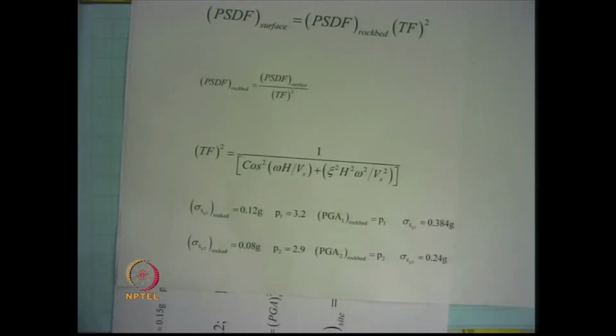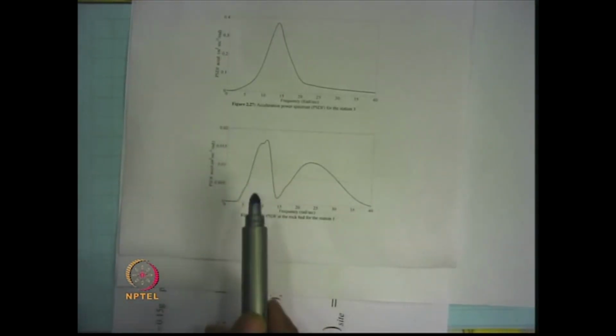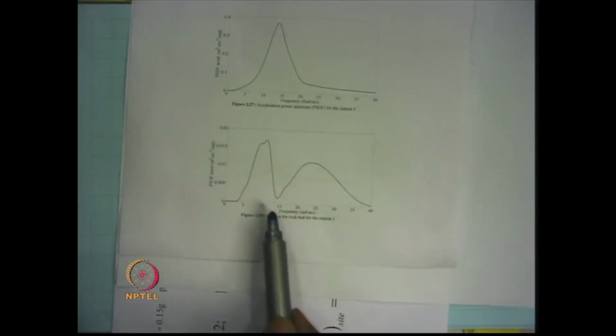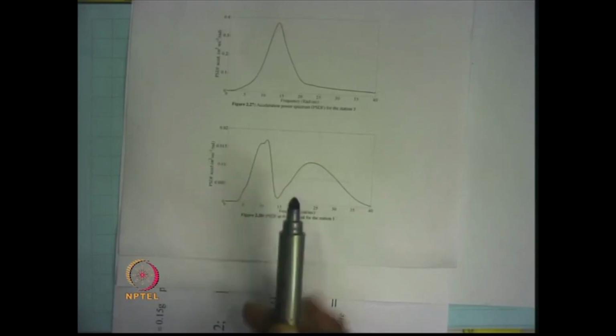That gave us the power spectral density function of the ground acceleration at the rock bed level just below site 1.